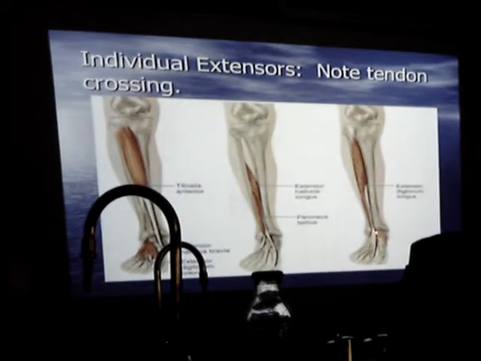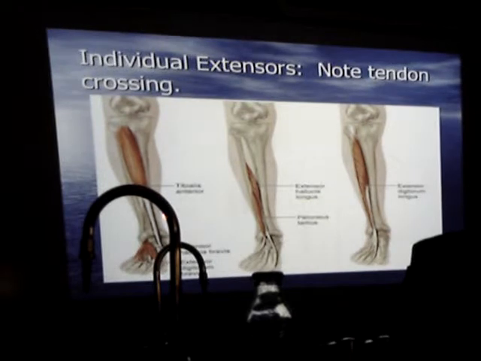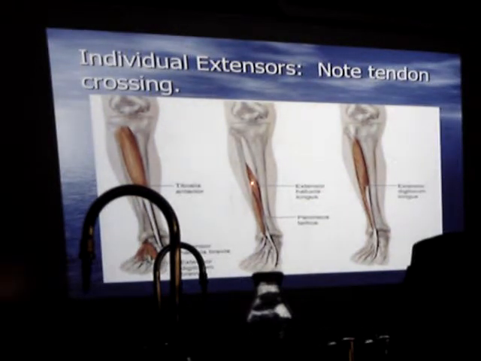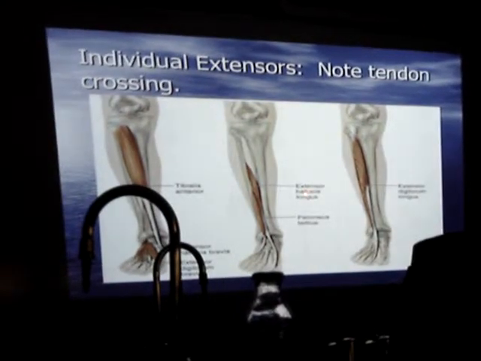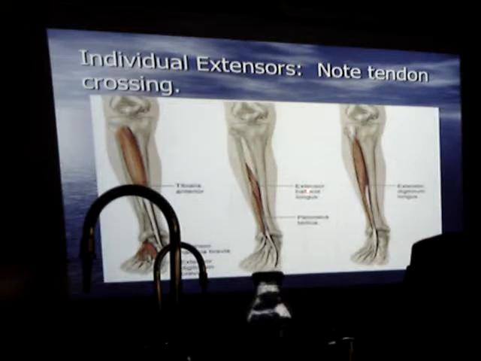So the individual extensors, we have tibialis anterior. There's extensor hallucis longus. Some people pronounce that hallucis. Hallucis I hear more often. Extensor digitorum longus. And one thing you'll notice around the ankle is that many of the tendons cross.